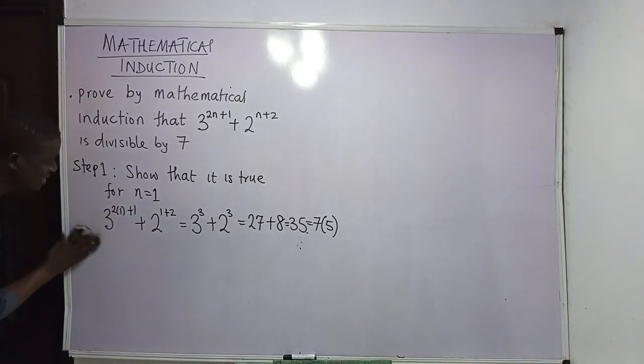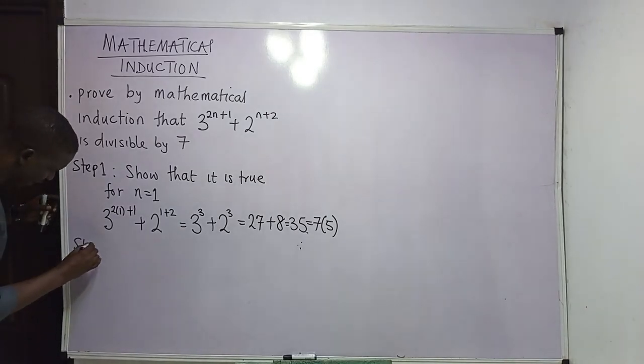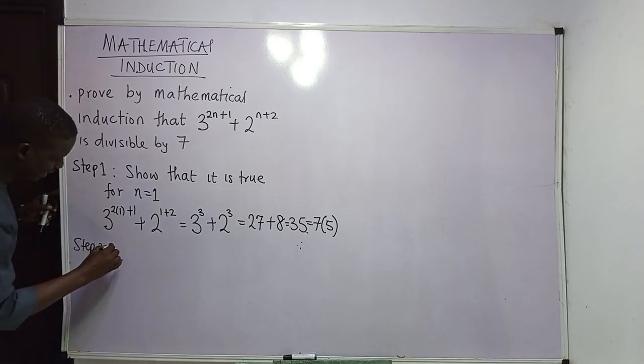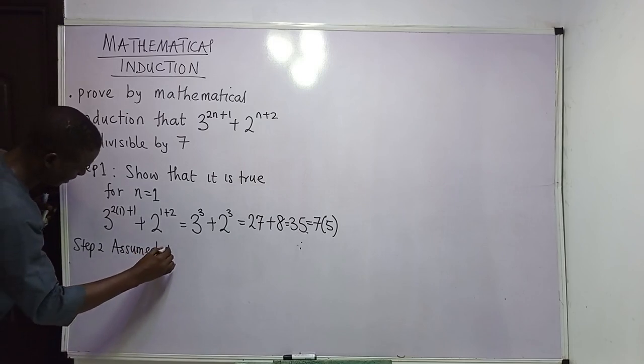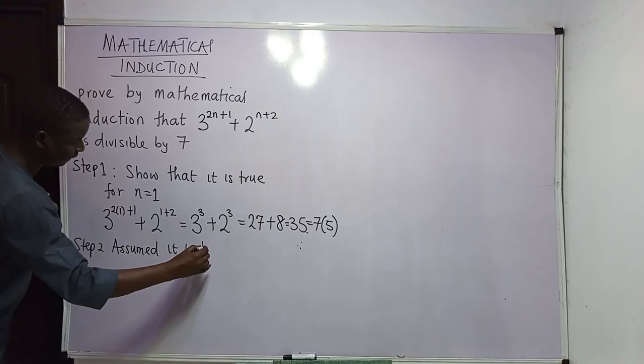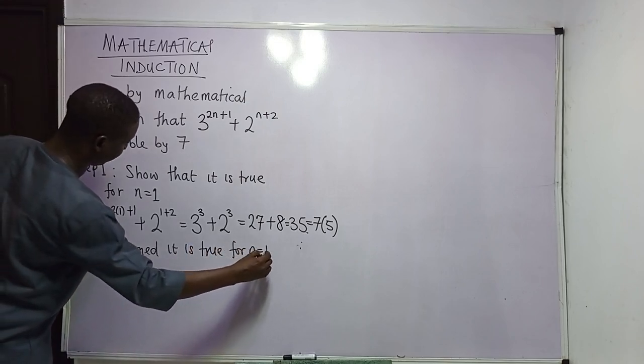Now the next thing, since it is true for n equals 1, step 2 will now be: assume it is true for n equal to k.